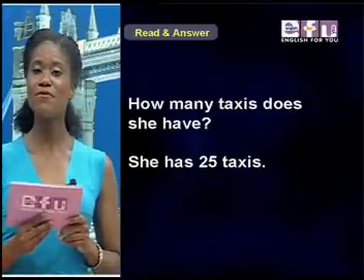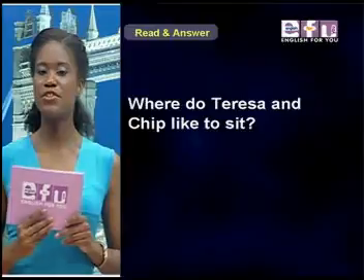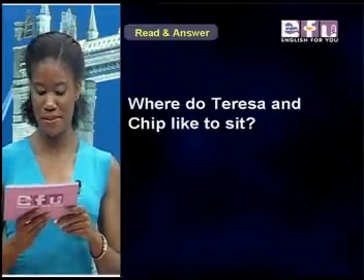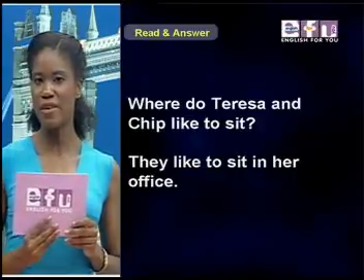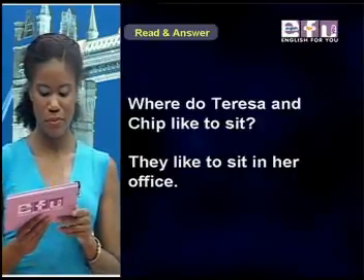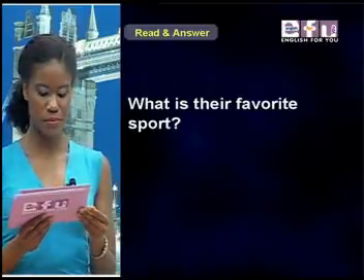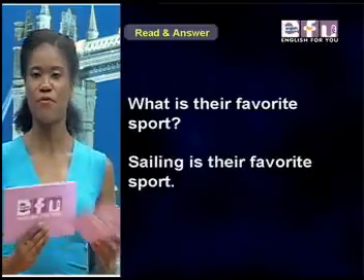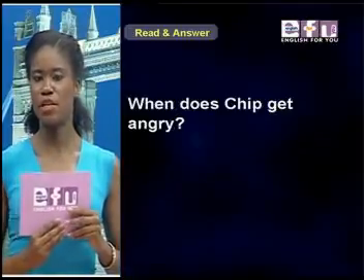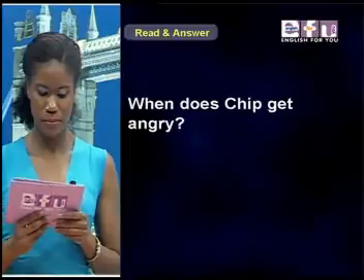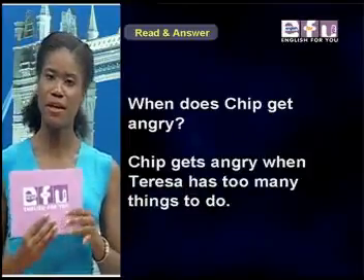She has 25 taxis. Where do Teresa and Chip like to sit? They like to sit in her office. What is their favorite sport? Sailing is their favorite sport. When does Chip get angry? Chip gets angry when Teresa has too many things to do.